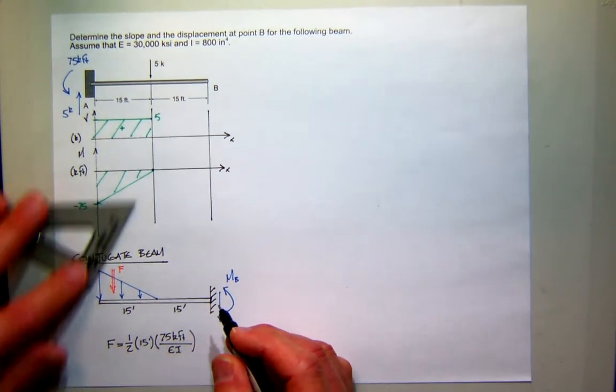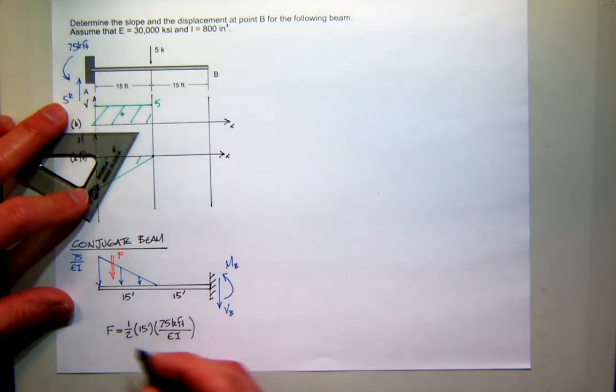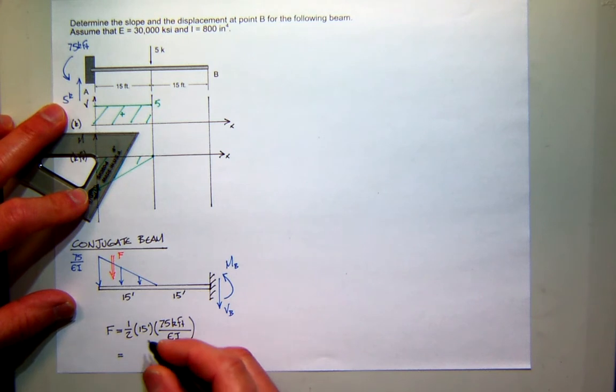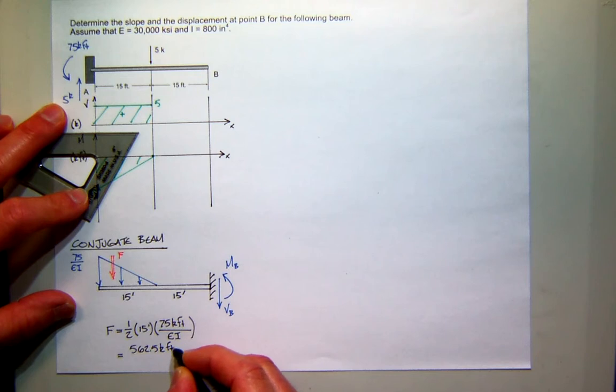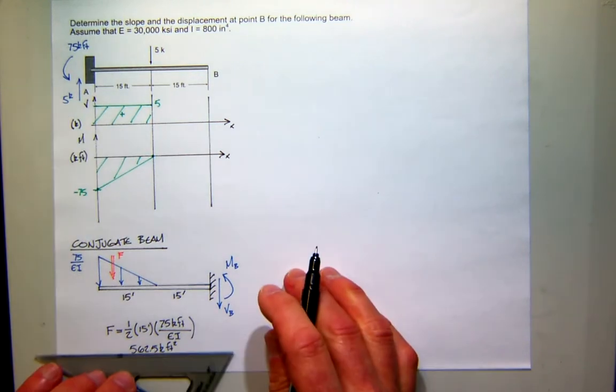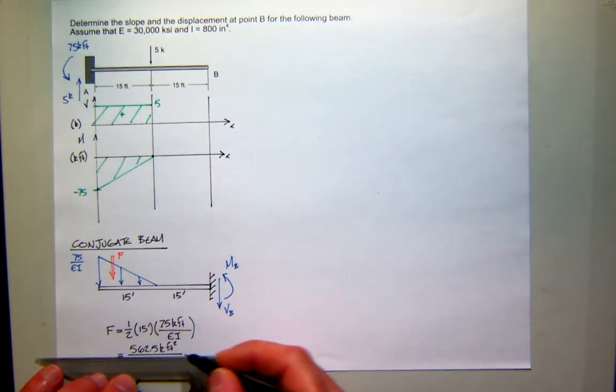So what's that force going to be? 562.5, and that's going to be kip feet squared, and then you divide that by EI.